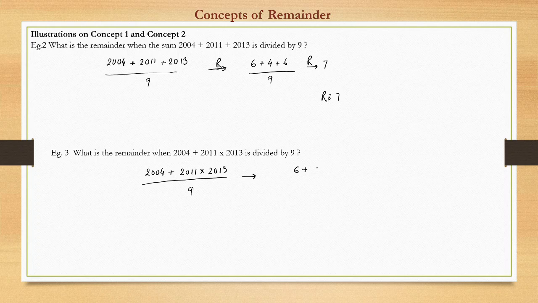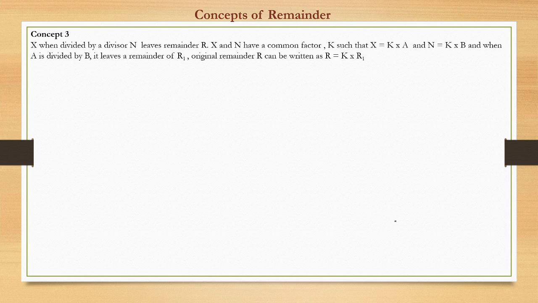We can write this as 6 plus 4 into 6, by 9. So this is 6 fours are 24, plus 6 is 30. So 30 by 9, the remainder would be 3. So the final remainder is 3. This way we can solve this question.